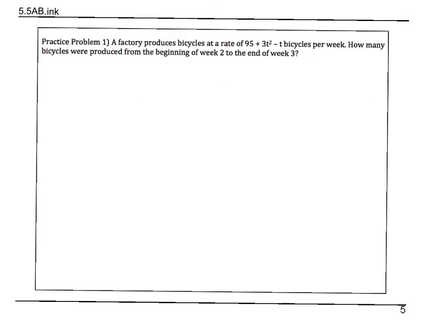So a factory produces bicycles at a rate of 95 plus 3t squared minus t bicycles per week. How many bicycles were produced from the beginning of week 2 to the end of week 3? Usually our limits of integration are always the challenge. The rate is given clearly, and we have to think about, well, beginning of week 2, that means we want to start at 1 because that will then include all of 2.